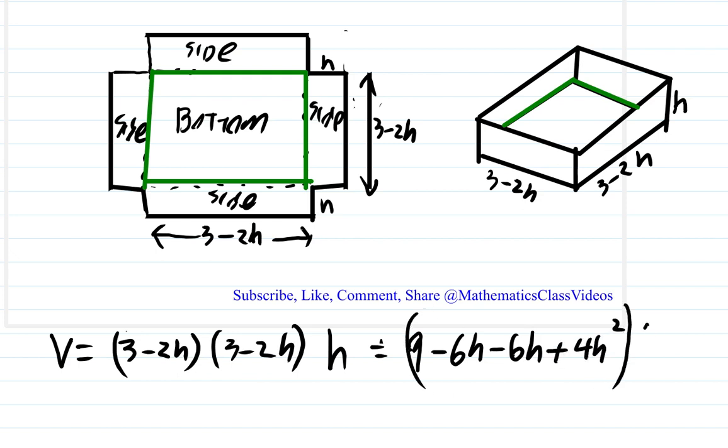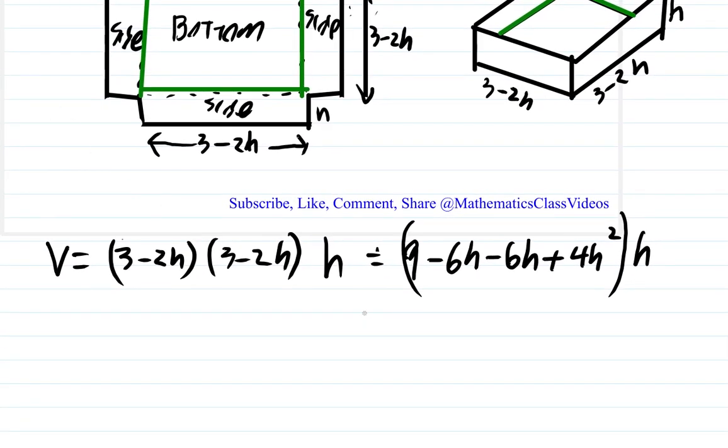And all of that times h. So what do we get now? If we multiply by h, that would be 9h, then negative 6 minus 6, so it will be negative 12, and negative 12h times h would be negative 12h squared, plus 4h squared by h would be 4h cubed, all right?